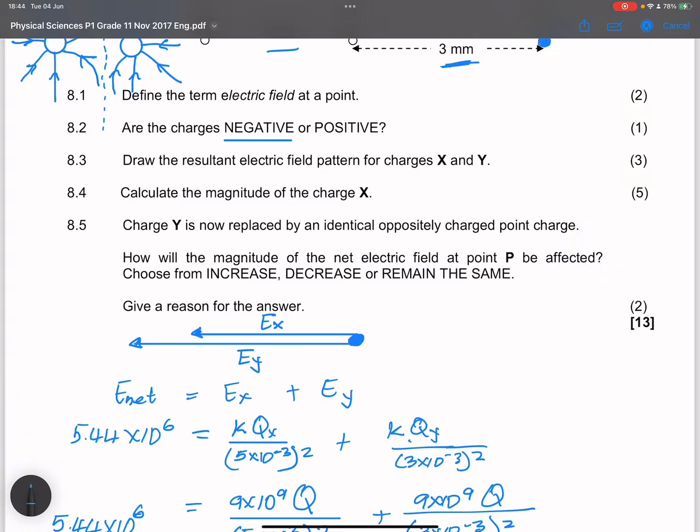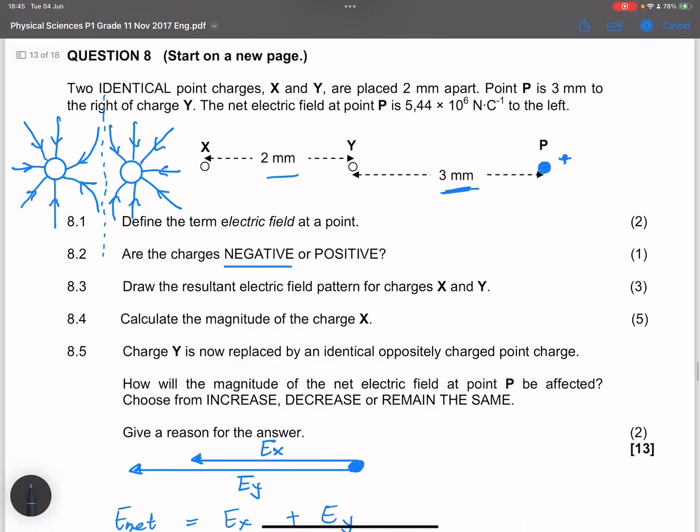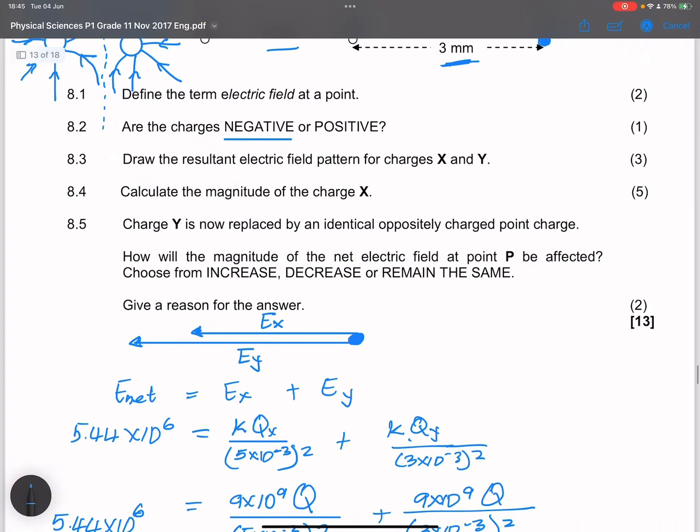Now they say to us the charge on Y is now replaced with an identical oppositely charged point charge. So they're telling us that instead of having a negative charge, now we're going to have positive. They say, how will the magnitude of the net electric field at P be affected?